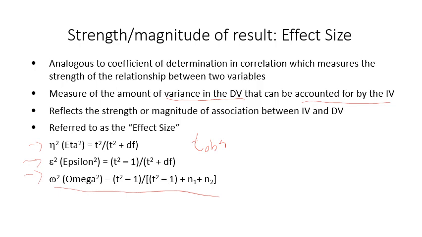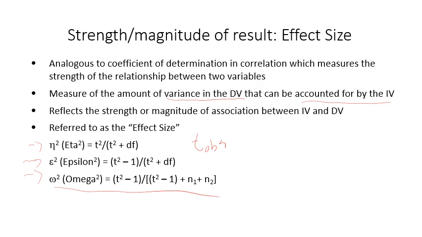The degrees of freedom you see here in eta and epsilon, and then n1 plus n2 in omega, is how sample size is controlled for. So as I said before, with a sample size of 1,000,000, you can find a significance with a smaller effect. In these formulas, degrees of freedom or n1 and n2 controls for that.